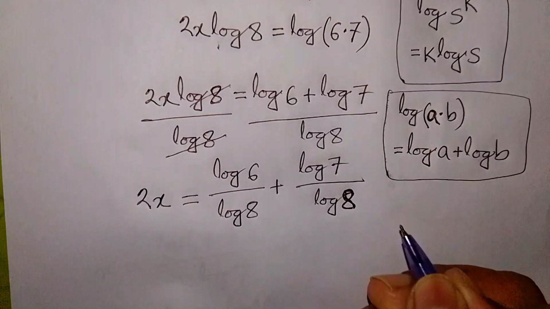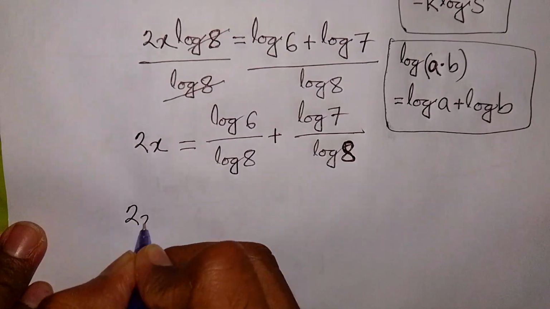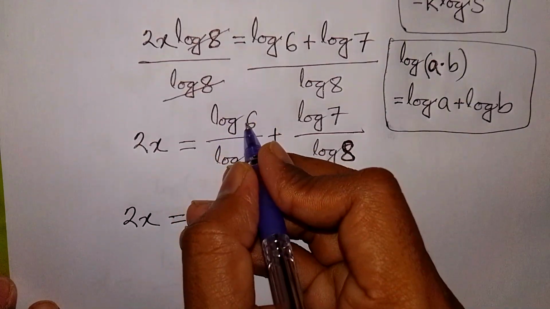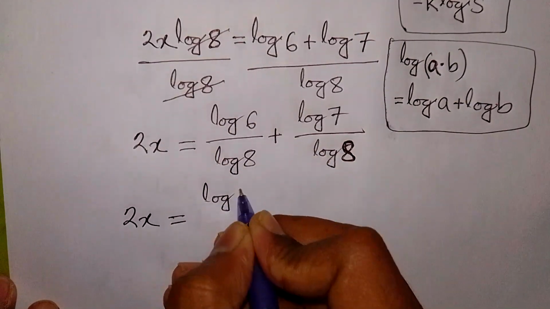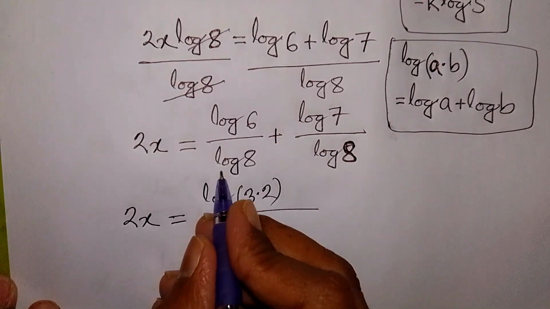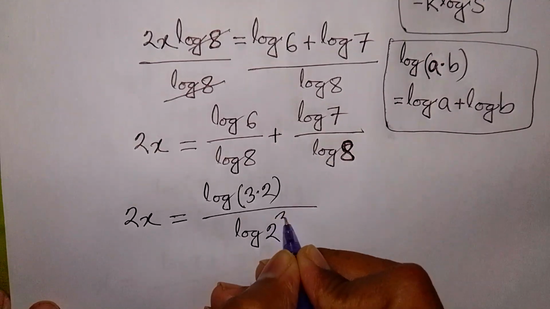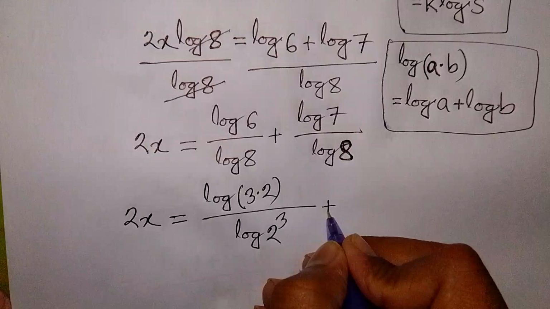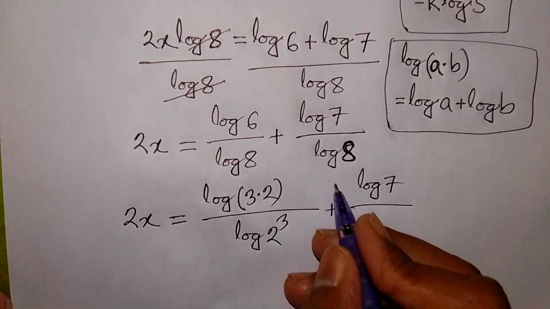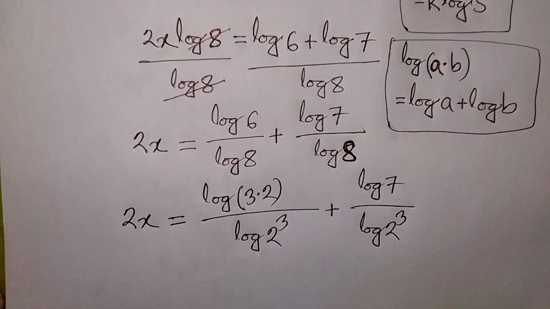Now we have 2x is equal to log 6, which will be log of 3 times 2, over log 8, which is the same as log 2^3, here plus log 7 over log 8, which is the same as log 2^3.